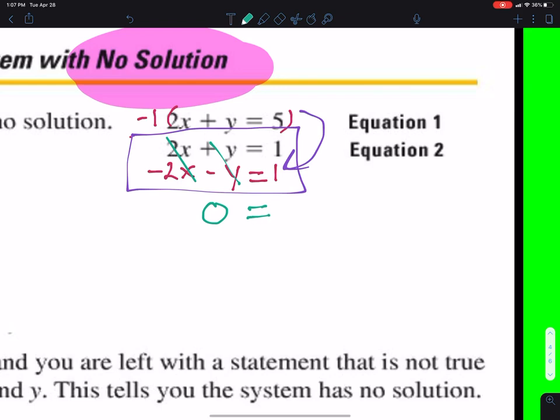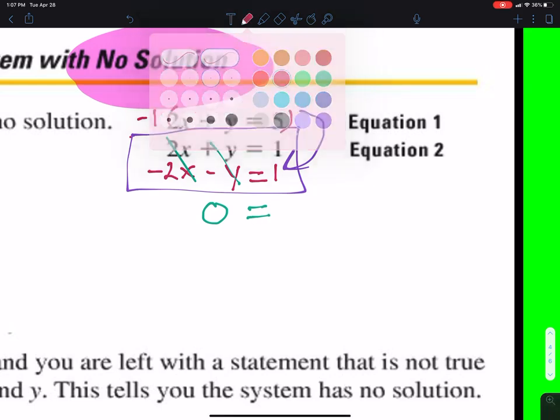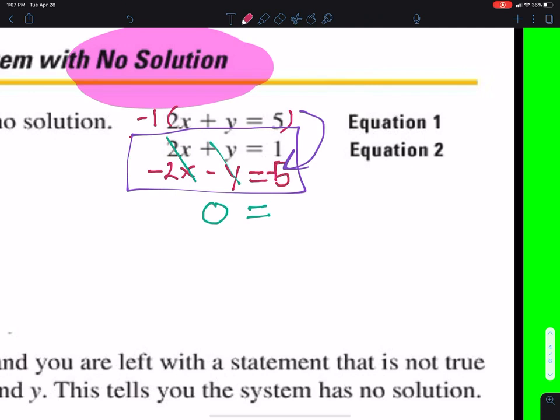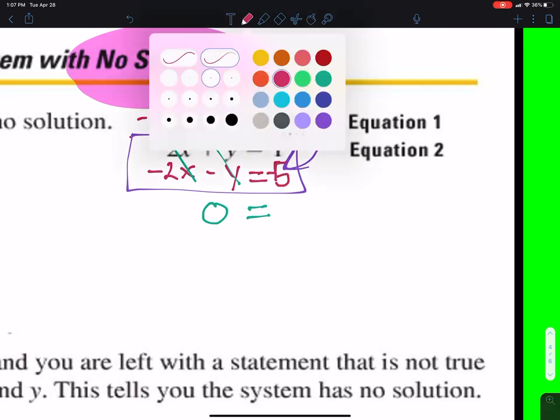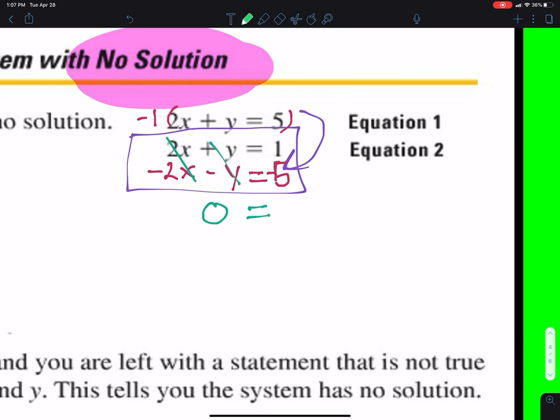Bring that down, and we have 1, and that should be negative 5. So over here, we have 1 minus 5 is negative 4. Does 0 equal negative 4? I can hear you say no, it does not. So since the y's canceled out and the x's canceled out, that means this is no real solution, or no solution.